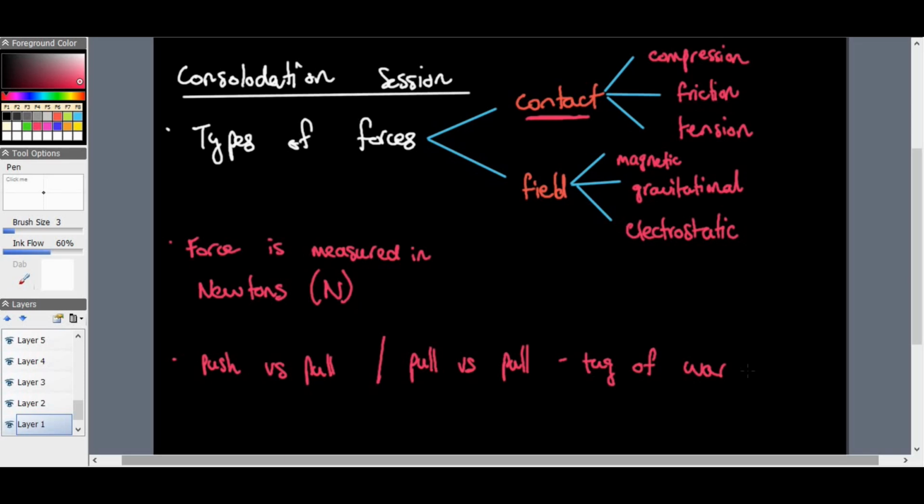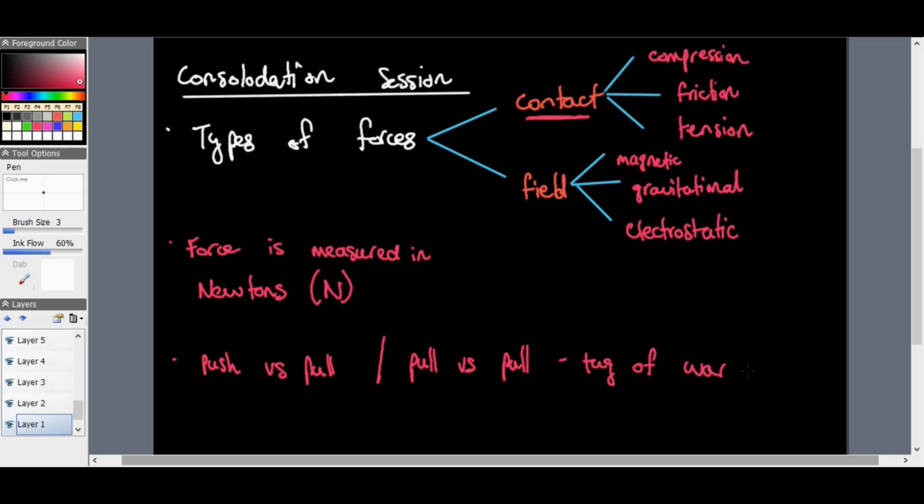That would be tension. Another example of tension would be a car towing another car with a rope in the middle. That's tension.